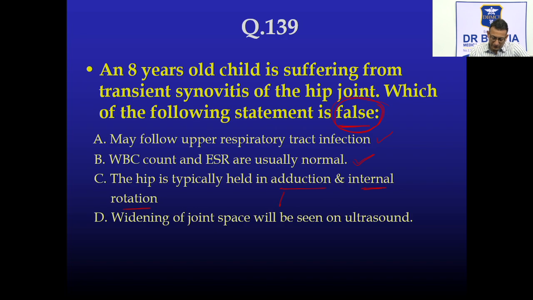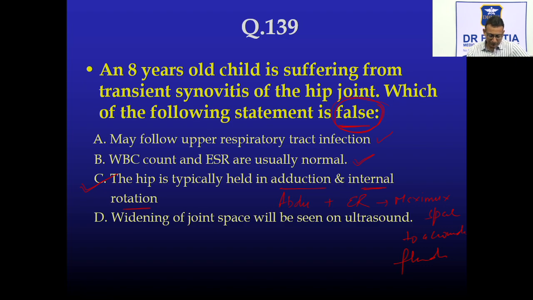So, if the hip goes into abduction and external rotation, that creates the maximum space to accommodate fluid. So, this is a false statement, and this is the answer for this question, because the hip goes into abduction and external rotation, not in adduction and internal rotation.